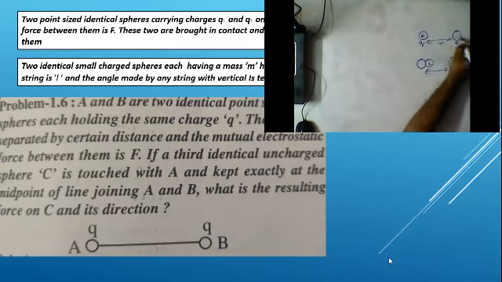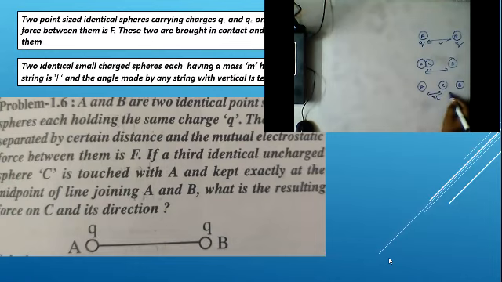This is A, this is B, and this is C, the uncharged sphere. After touching, it is kept in the middle, like this: A, here C, and here B. The distance here is r by 2, and here the distance is r by 2.